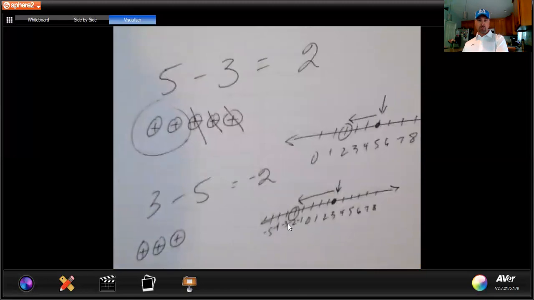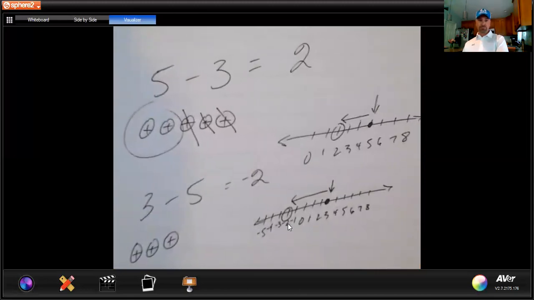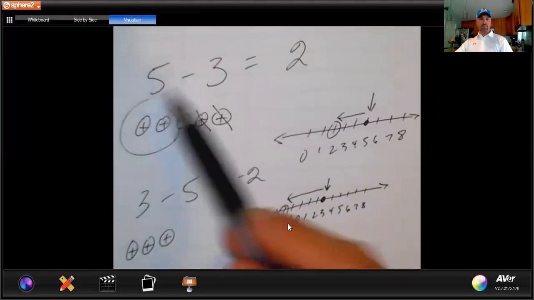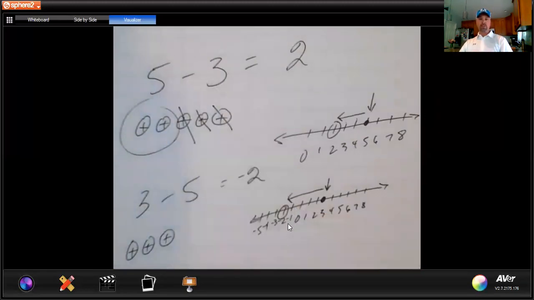Even though we're looking at similar problems in 5 minus 3 and 3 minus 5, they are different, and the only difference is the order in which they happen. When it comes to addition, the order does not matter because you're just putting those things together. So it makes no difference which number's first or second.